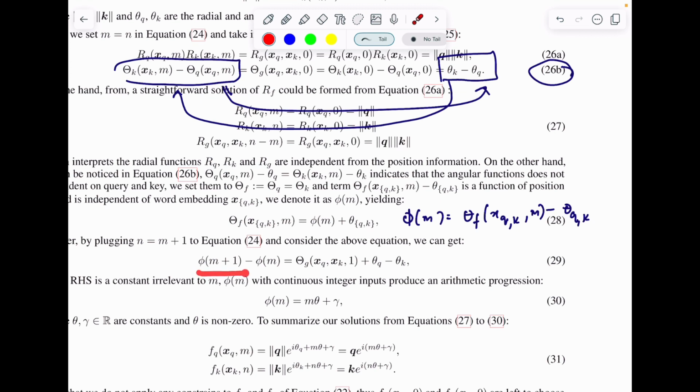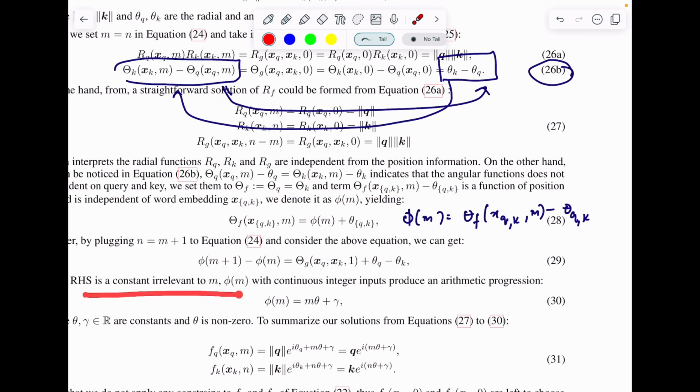So the left hand side is a function of m, which is how many positions you have shifted, right? What is the position that you are currently at? But the right hand side is not a function of m, right? So that's what they have seen.